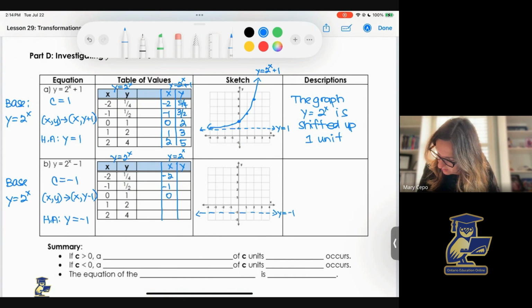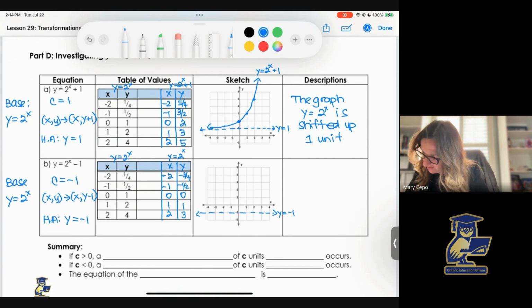-2, -1, 0, 1, 2. 1/4 minus 1 is -3/4, 1/2 minus 1 is -1/2, 1 minus 1, sorry, is not -1, it is 0. 2 minus 1 is 1. And then, of course, 4 minus 1 is 3.